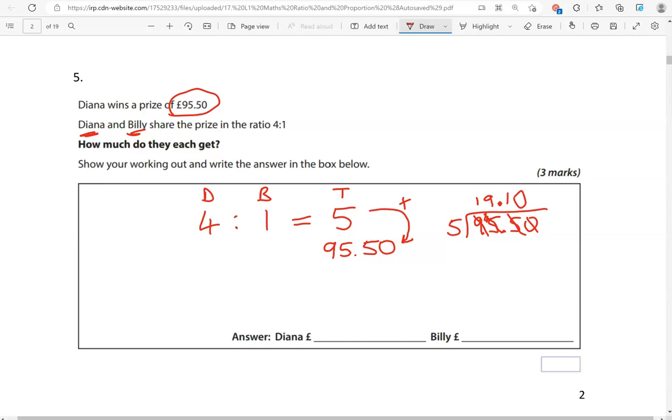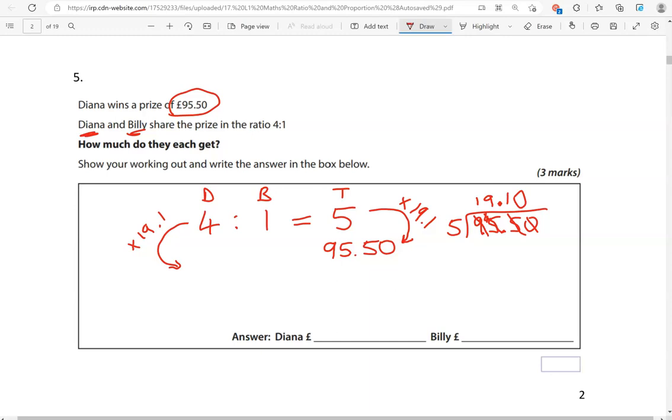Or we've multiplied 5 by 19.1 to get £95.50. So that means both of these two numbers, 4 and 1, need to be multiplied by 19.1.